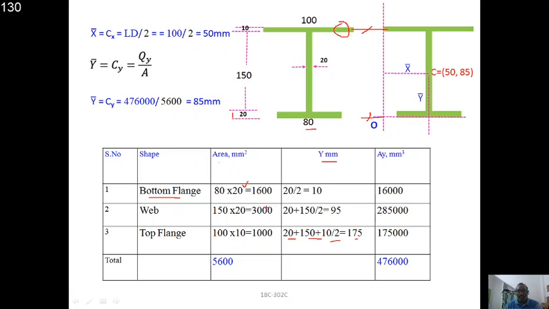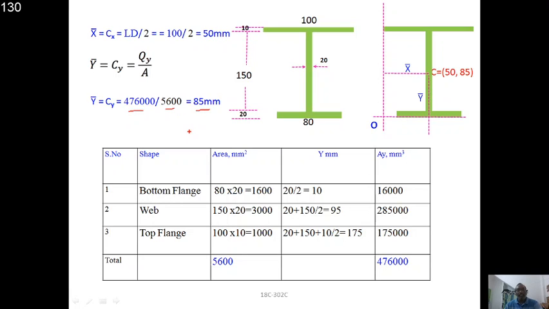After obtaining these values, just multiply the area and y, you get the ay values. Then let's sum those values and you will get the ay value. Then substitute in this equation the ay value and area, you get 85 mm.